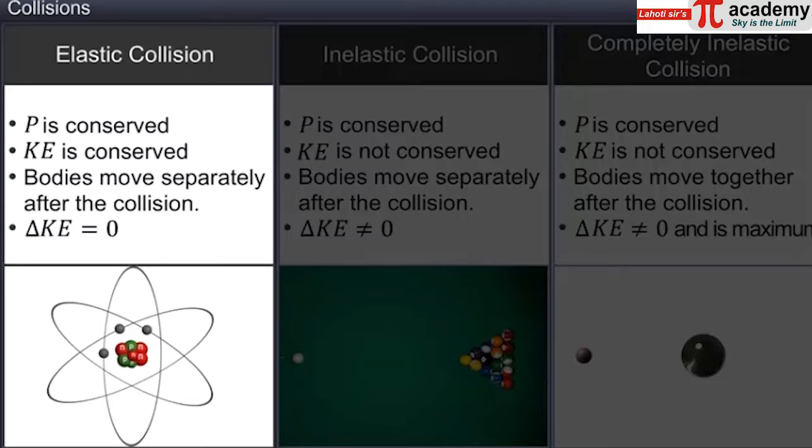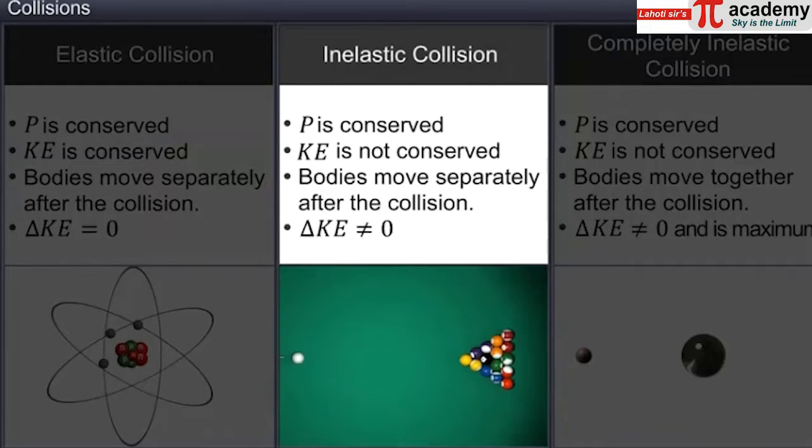In such a collision, the bodies move separately after the collision and the loss in kinetic energy delta KE is 0. This implies that there is no loss in kinetic energy. For example, the collision between subatomic particles is an elastic collision.